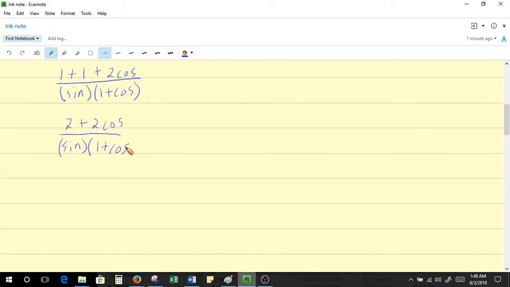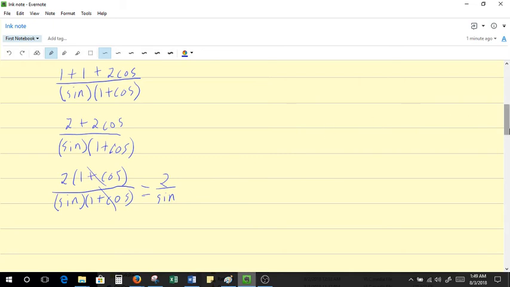So let's do that. 2 times 1 plus cosine all over sine times 1 plus cosine, and those are gone. So this is going to end up equaling 2 over sine.